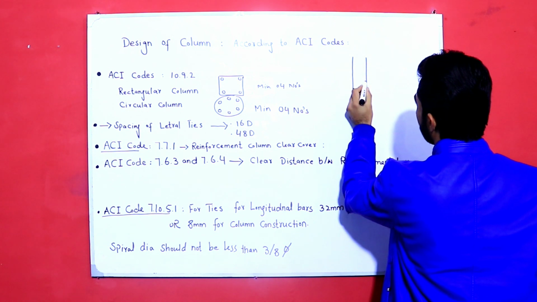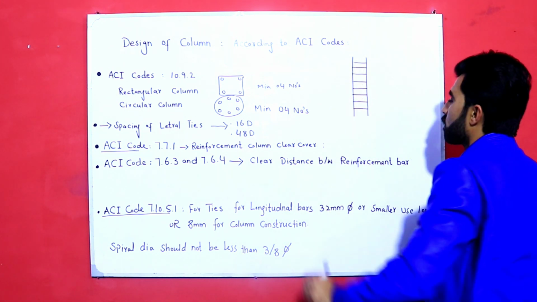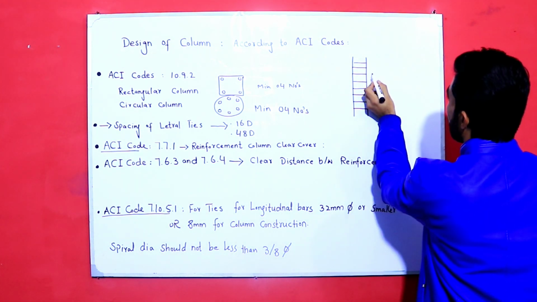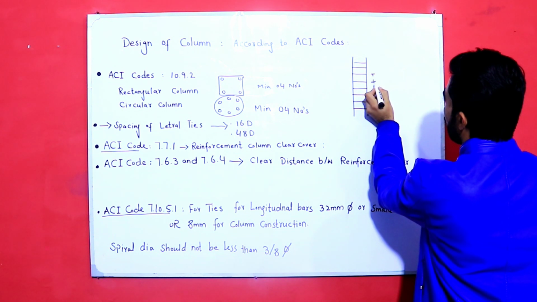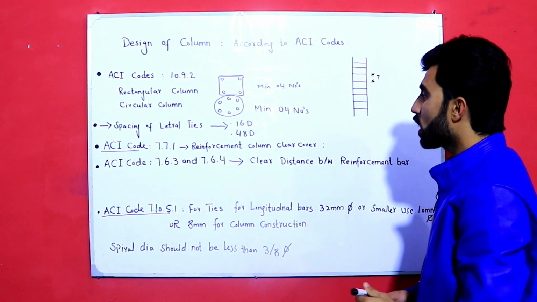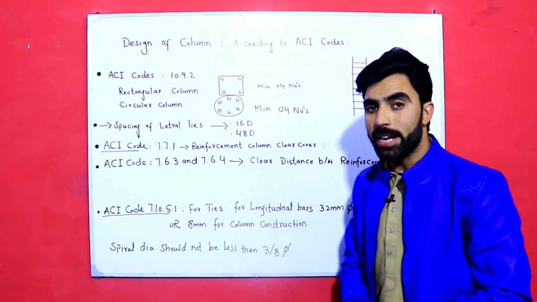So what should be the spacing of lateral ties in an RCC column, from one lateral tie center to the other? Here are 2 points, 16D and 48D.